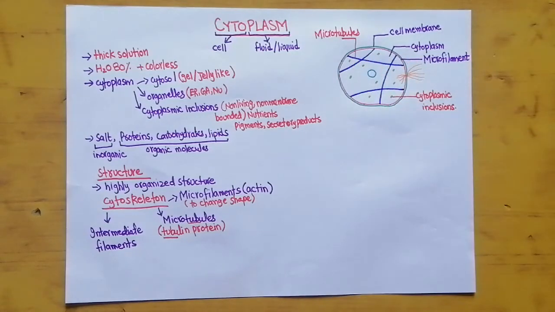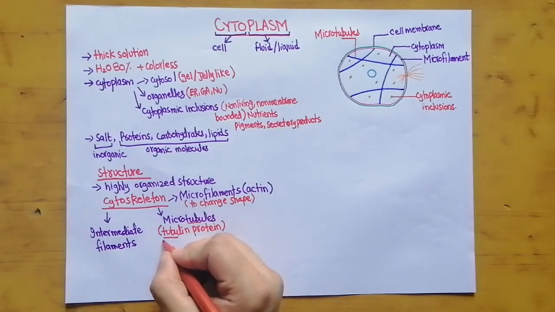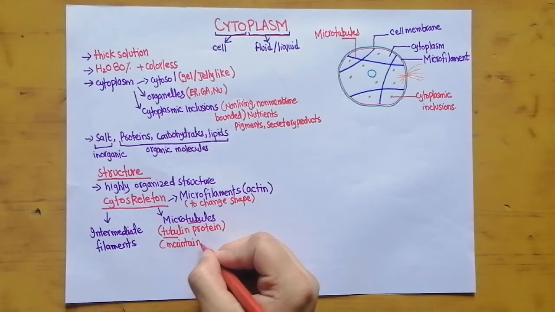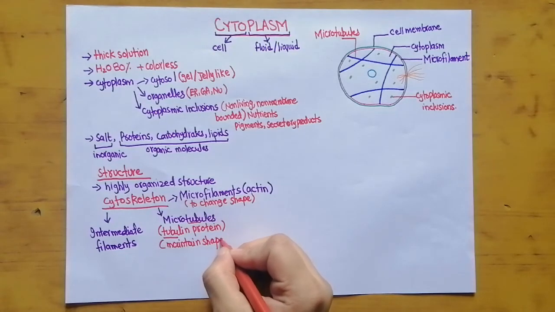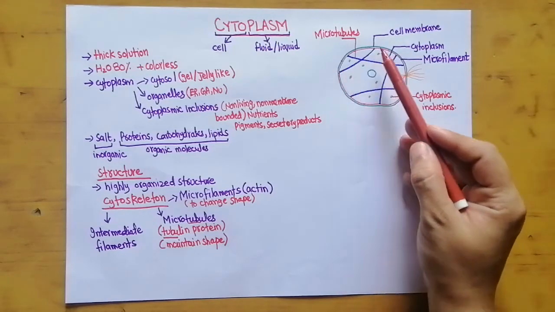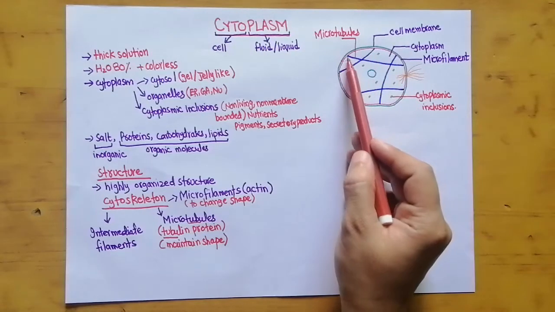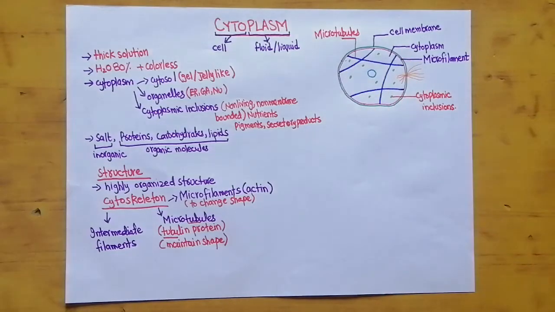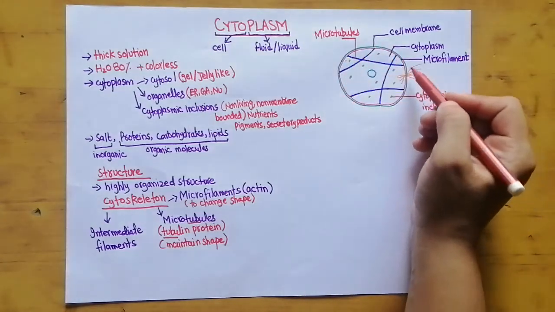The function of the microtubules is that they maintain the shape of the cell. As you can see, they are extended from one part of the cell to another part of the cell. So many microtubules are present. In this way, they are going to work as a net and maintain the shape of the cell.